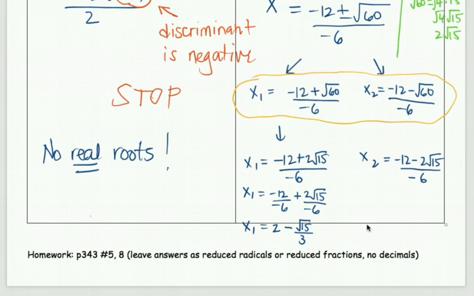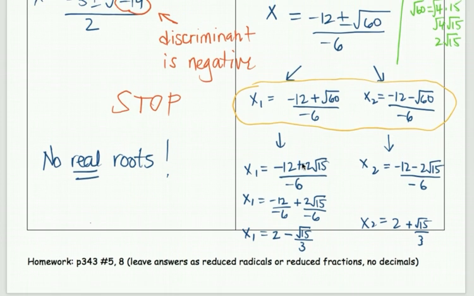And then same with this one here. It'll just be 2, and then it'll be plus root 15 over 3. And then don't divide the 15 and 3 because the 15 is inside of the square root. All right, so there's your simplified radical answers. But otherwise, yeah, you can keep it like that.